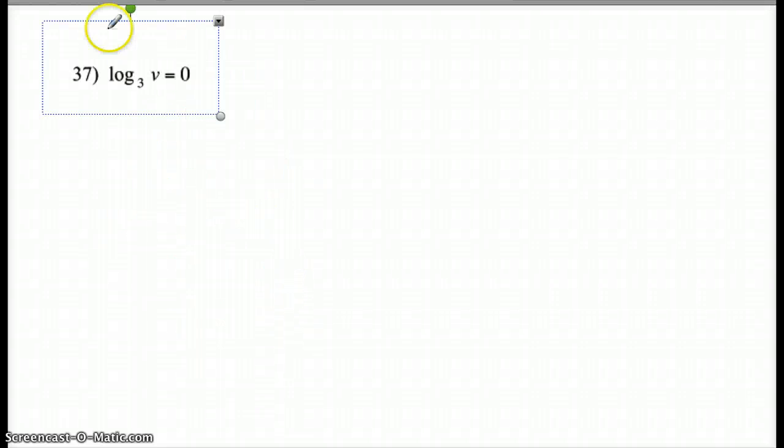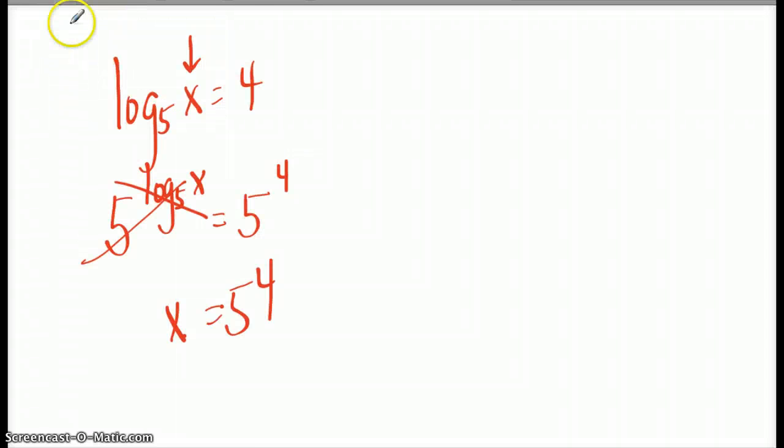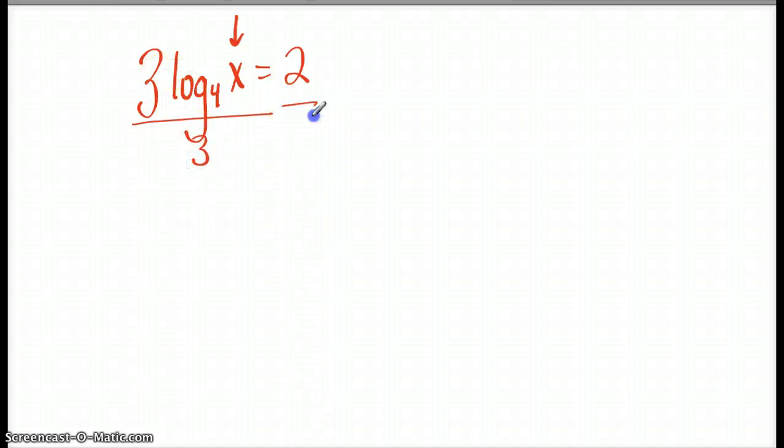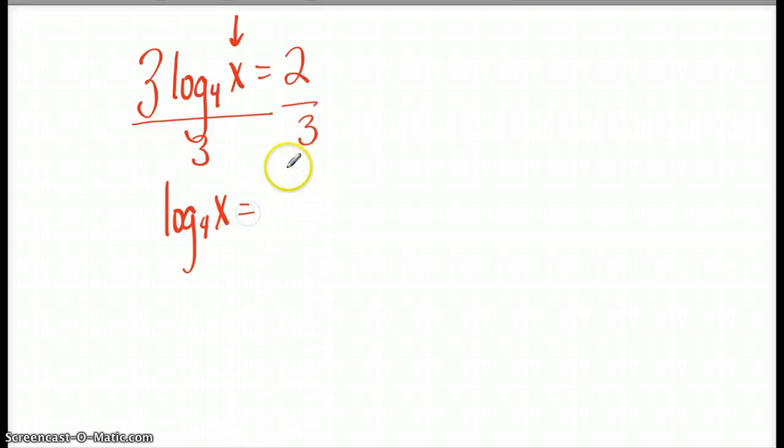All right, let's pick it up just a little bit. What if I did 3 log base 4 of x equals 2? I have to get this x by itself. The first thing I have to do is get rid of this 3. This 3 is being multiplied, so I want to divide it. It's going to reduce here to just log base 4 of x equals 2/3.